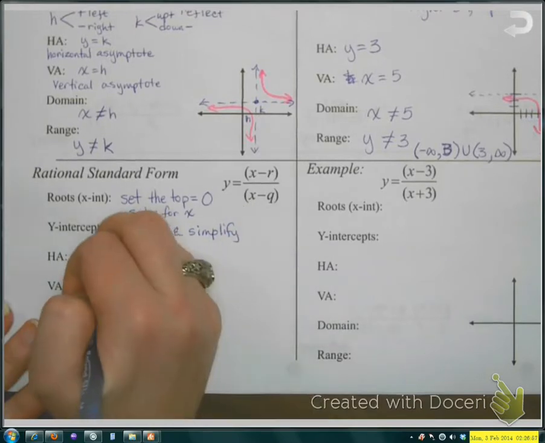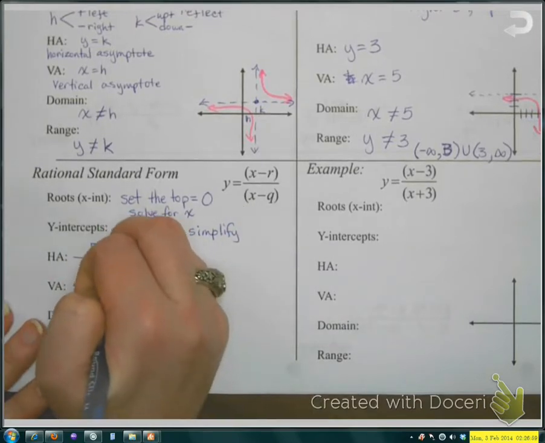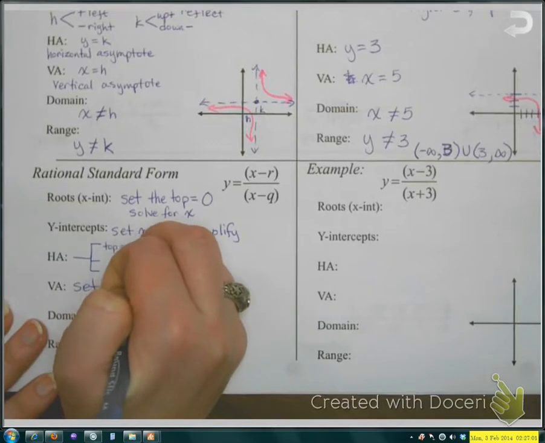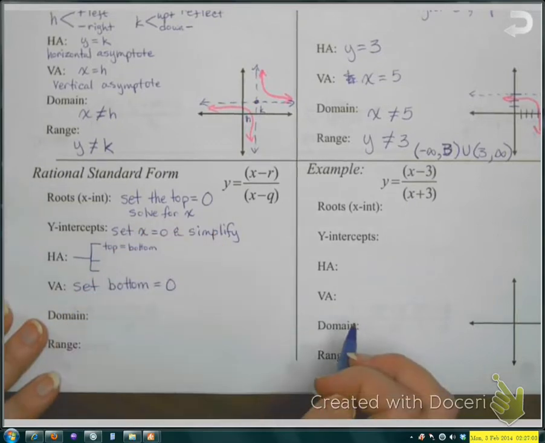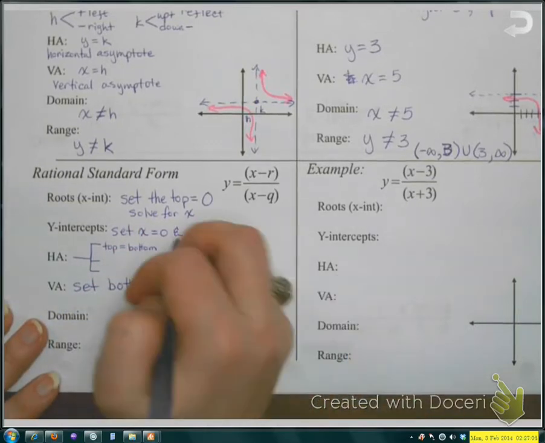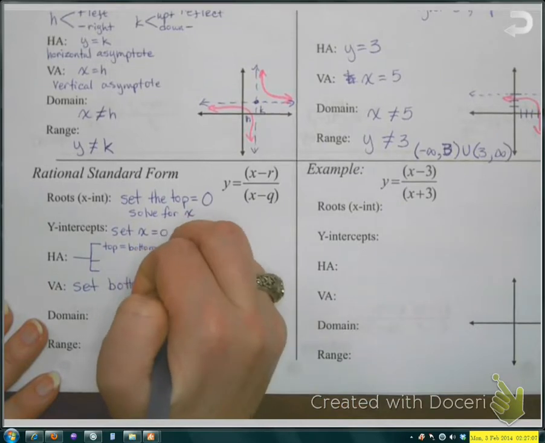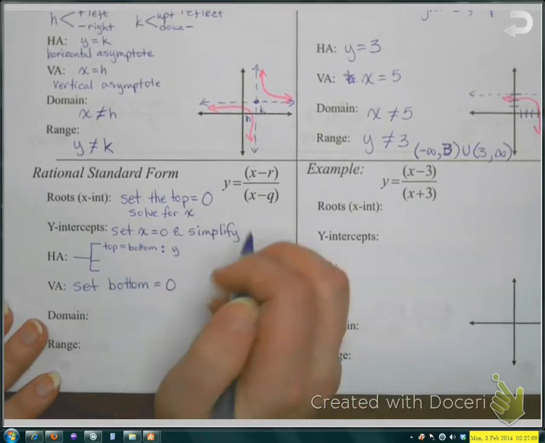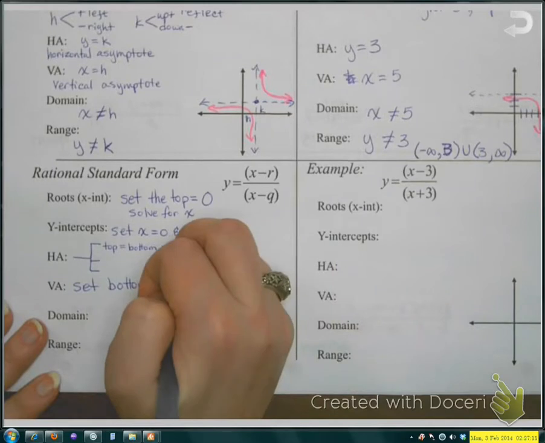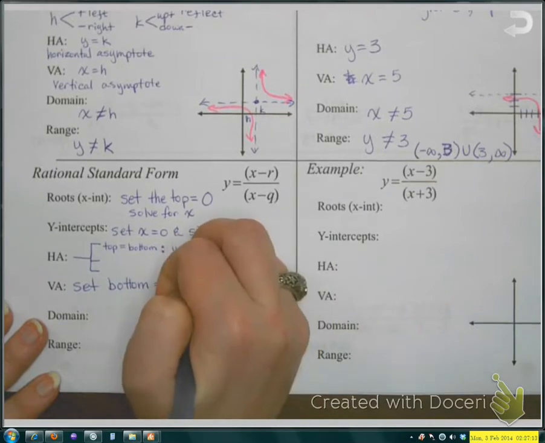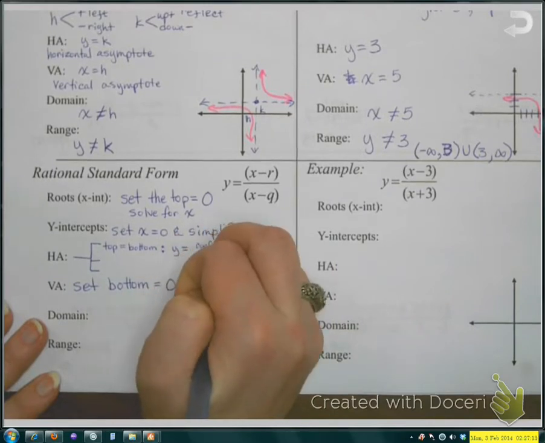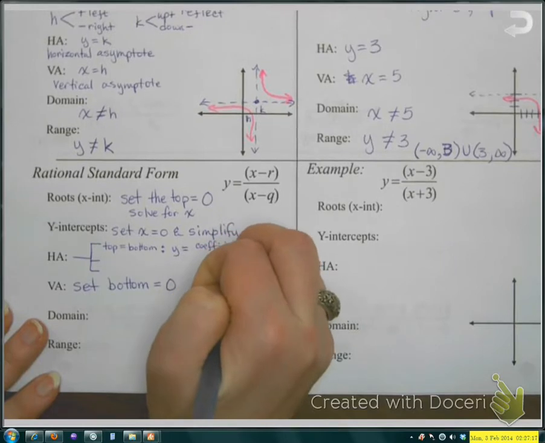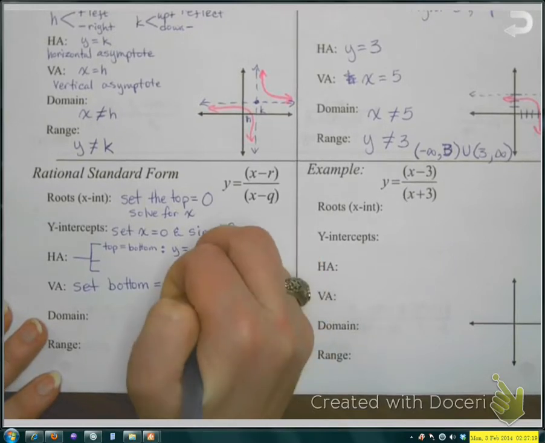So if the exponent of the top is equal to the exponent of the bottom, then my horizontal asymptote is y equals the coefficient of the top over the coefficient of the bottom.